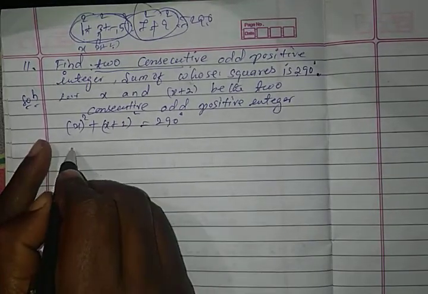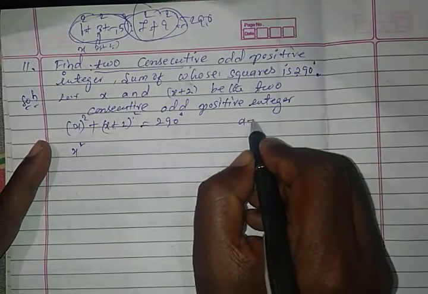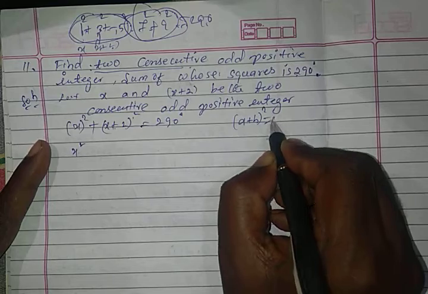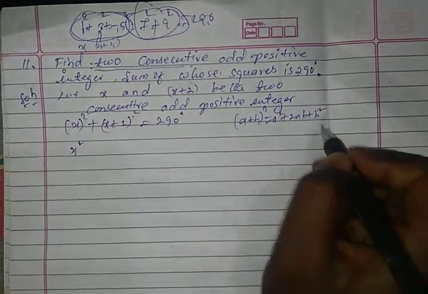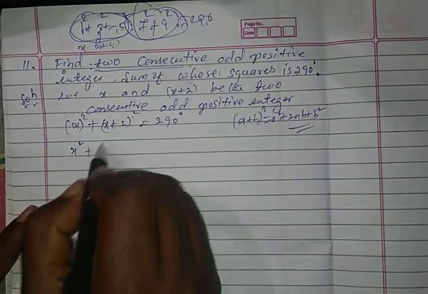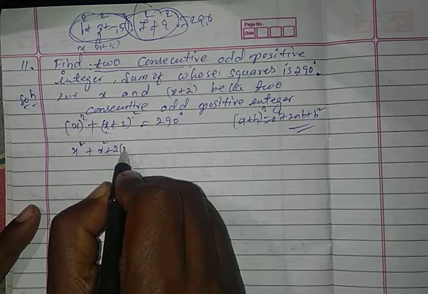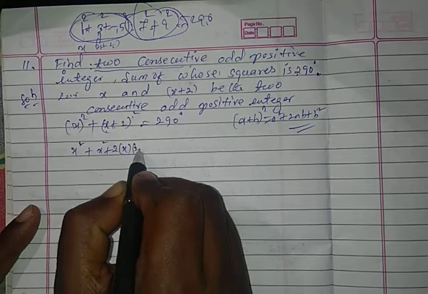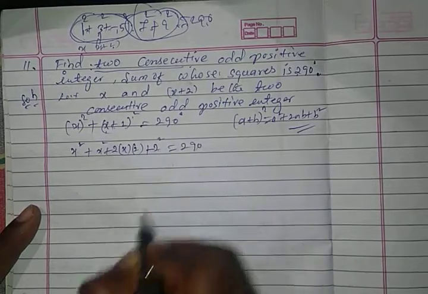See, x square is as it is x square. This is a plus b whole square. Already you know that a plus b whole square is equal to a square plus 2ab plus b square. It is in the form of this formula. So x square plus 2 into x, where x is a and b is 2, plus b square is 2 square, is equal to 290.